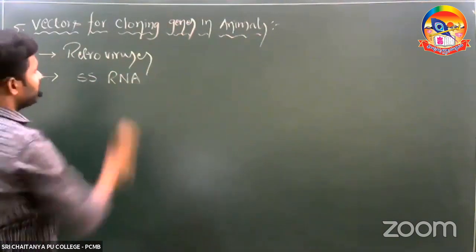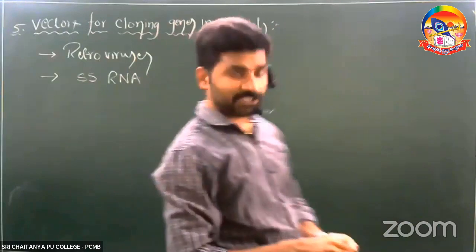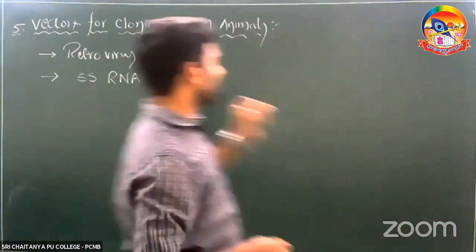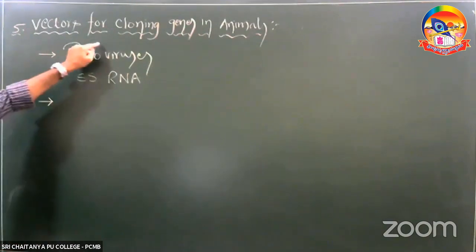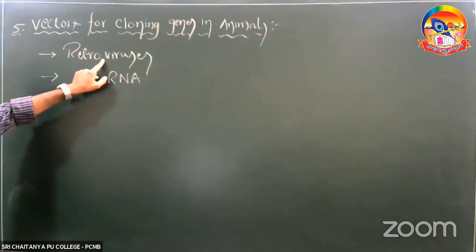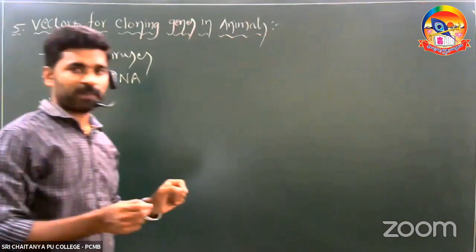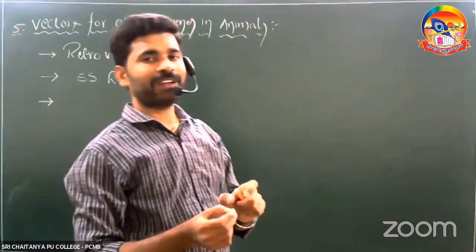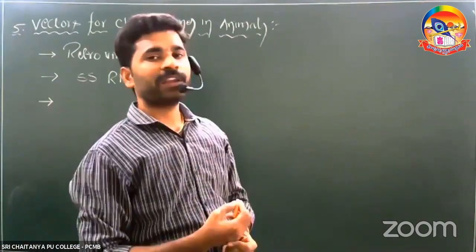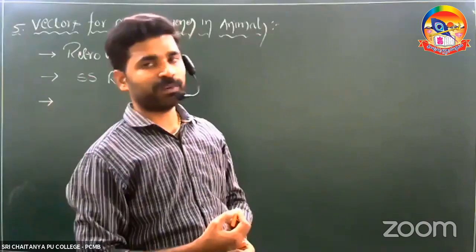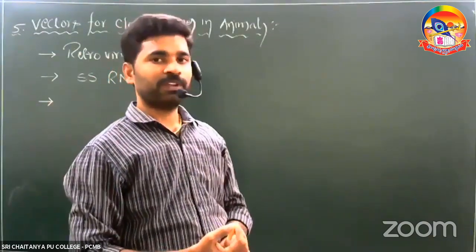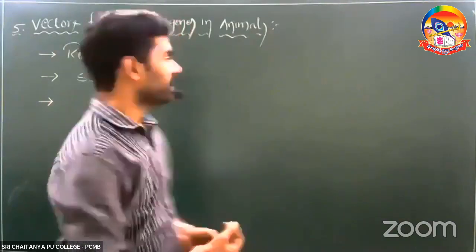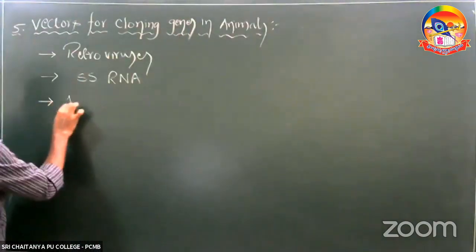So what is the genetic material of retroviruses? Single-stranded RNA. But in host cell cytoplasm, that retrovirus genetic material undergoes the reverse transcription process by the reverse transcriptase enzyme and forms DNA molecule, right?